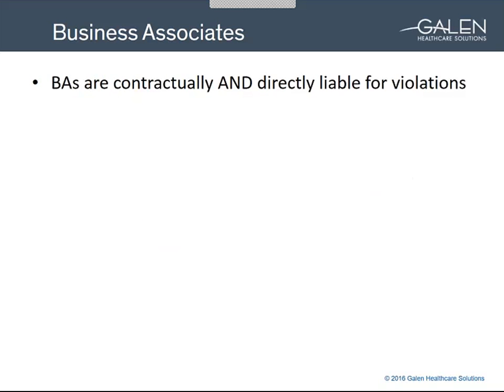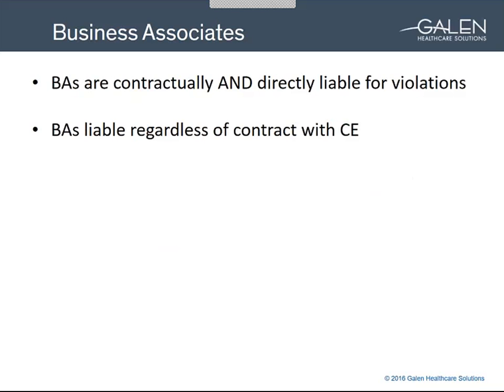In addition to what I just mentioned, BAs are contractually and directly liable for all violations of HIPAA. Before, there was some implication in some scenarios in which the liability would flow upwards to the covered entity. That's not really the case anymore. In virtually every scenario, a business associate is directly liable, and that is actually regardless of what their contract with the covered entity says.